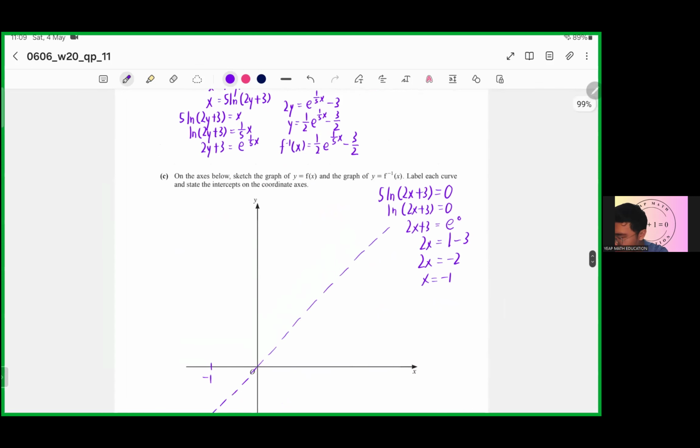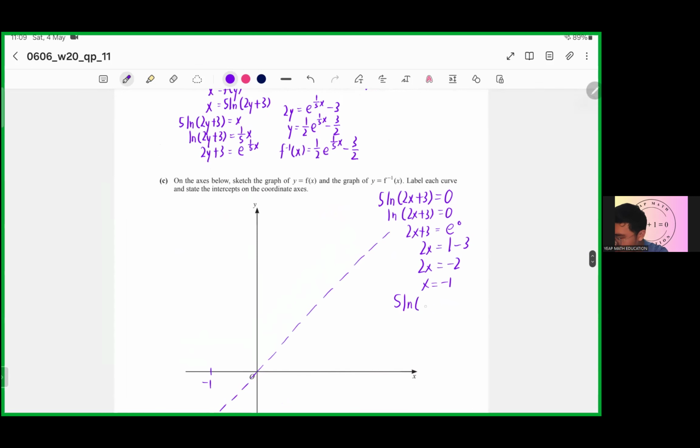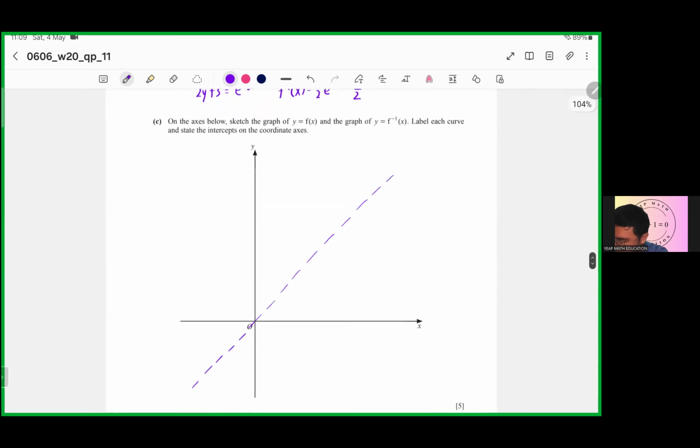And one more is 5 ln(2 times 0 plus 3). So we get 5 ln 3. This is for the y-intercept. So they will be here. Okay, so now I start to sketch. Okay, here is negative 1 and here is 5 ln 3.